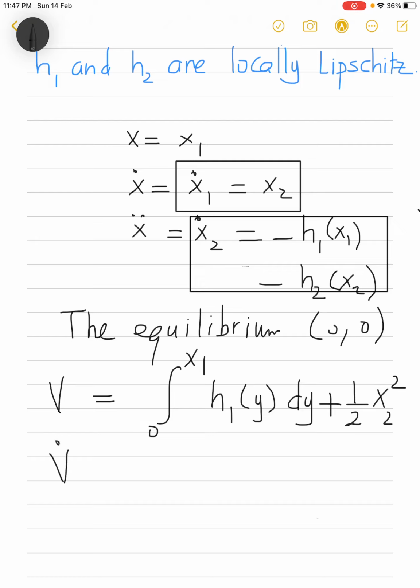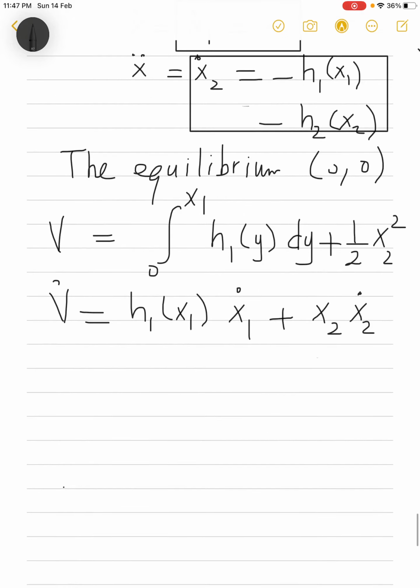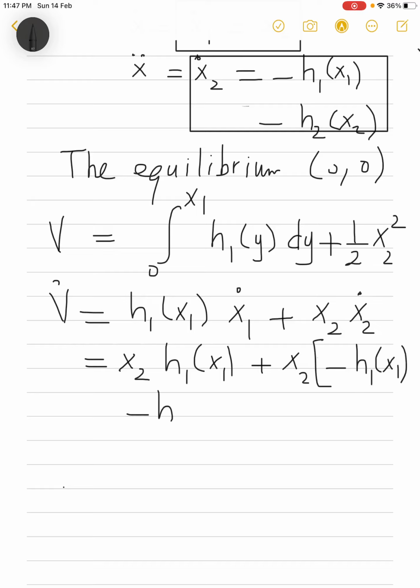So if we calculate V dot, that will give us h1 of x1 times x1 dot plus x2 times x2 dot. Now we can substitute for x1 dot and x2 dot from the system equations. So x1 dot is x2, so that will be x2 times h1 of x1 plus x2 times minus h1 of x1 minus h2 of x2.